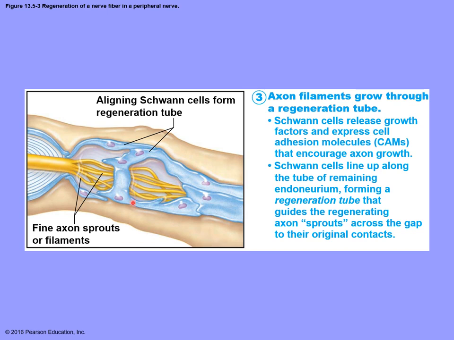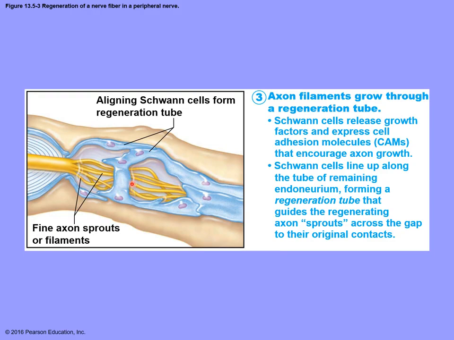The axon filaments will start to grow. As you can see here, they start growing. The Schwann cells release growth factors that encourage the growth. The Schwann cells are lining up, trying to make a tube inside of which is where the axon originally was found.